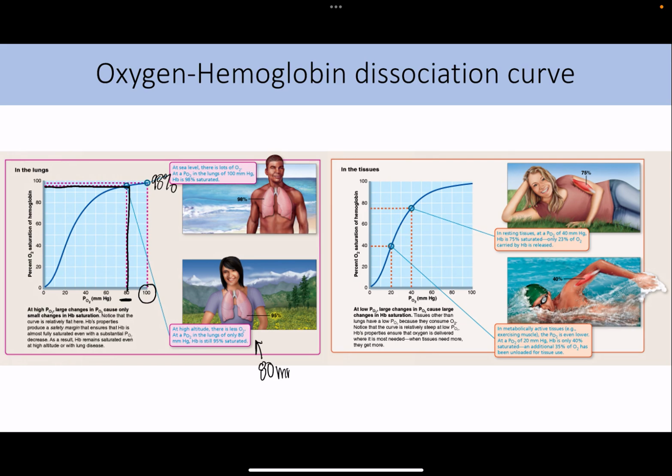So 80 millimeters of mercury for PO2 at high elevations will equate to 95% saturation, which is still okay. That's perfectly normal, perfectly healthy for somebody who's living up in the mountains. Especially if they've lived there for long enough, they've adapted to it already.